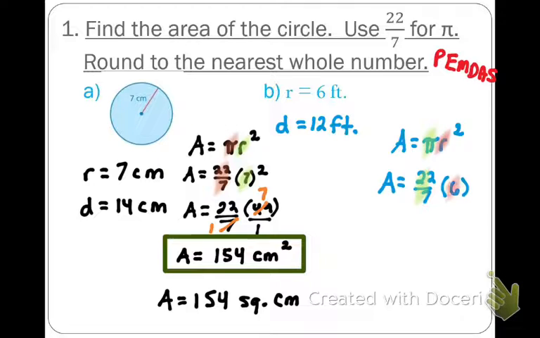Remember, all we're doing is just plugging that in, and we have to square the units. Jocelyn, according to PEMDAS, what should I do first? Parentheses. Okay, is there any work to do inside of those parentheses? No. So what's the next thing I should do? What are those things called? Exponents. Okay, what does 6 squared mean? 6 times itself. So 6 times 6. What is 6 times 6?